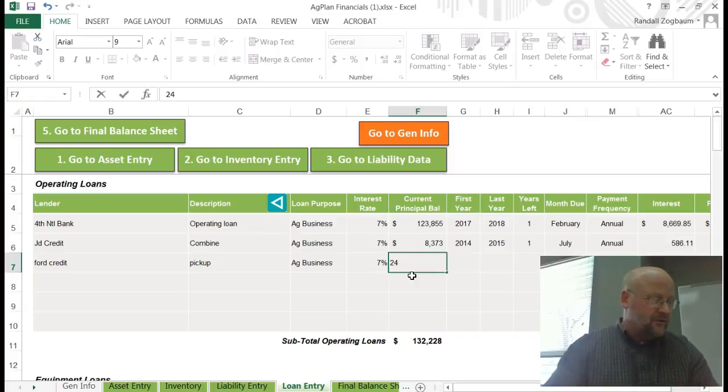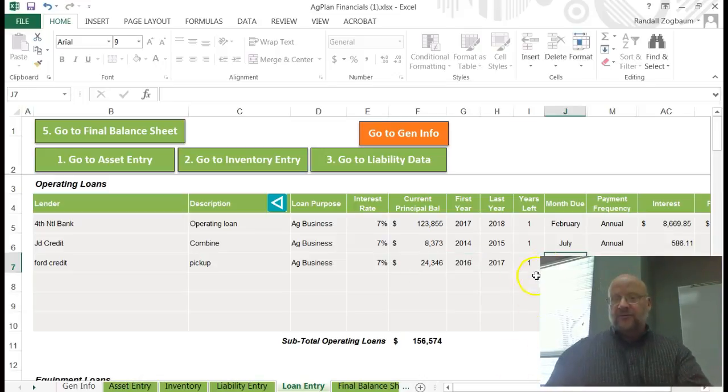Yeah, I skipped the Fourth National Machinery loan. I didn't get that one yet. I jumped right down from the JD. I'll come back around and get the machinery second. It's only letting us put it in manual.